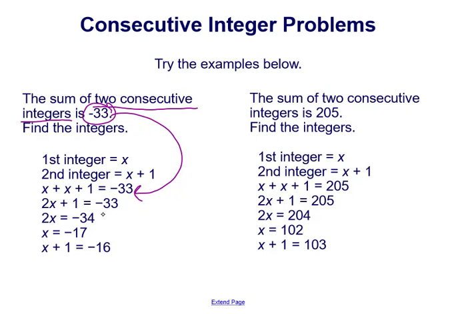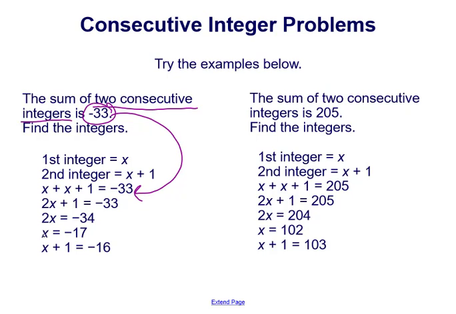Subtracting 1 from both sides gives us 2x equals -34. And then dividing both sides by 2 gives us that x equals -17. So that's the first of the two consecutive integers. And then to find the second, we can use the fact that we've defined the second integer as x plus 1.